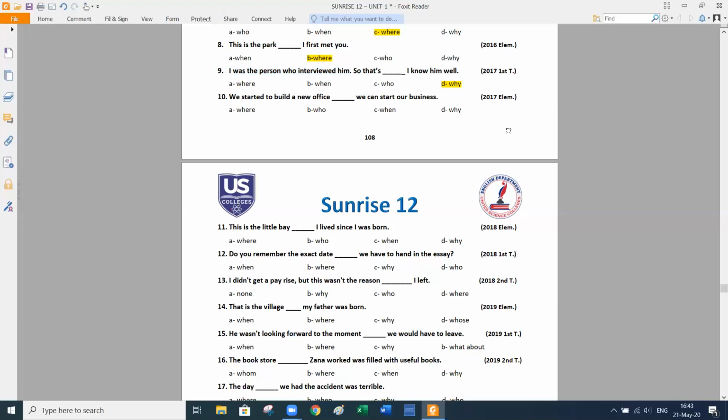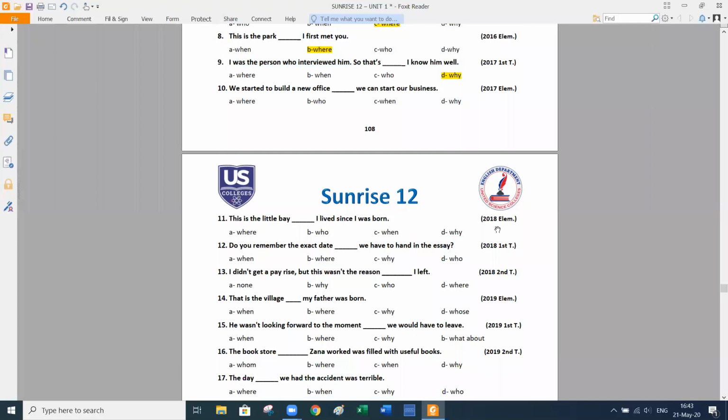And 10, we started to build a new office where we can start our business. Yes, office, a building, a room, might be a place, but it might be an object or subject as well.